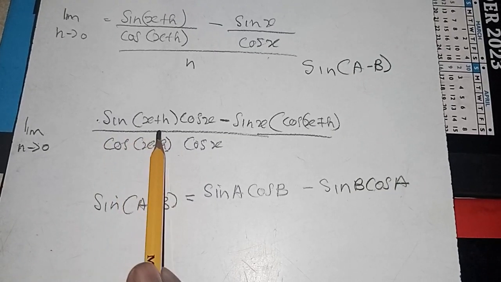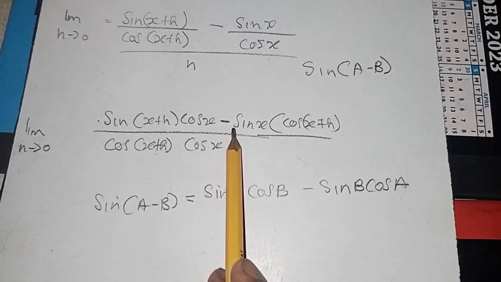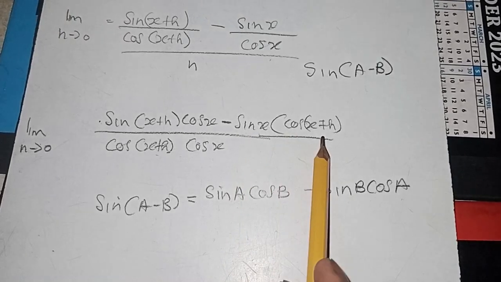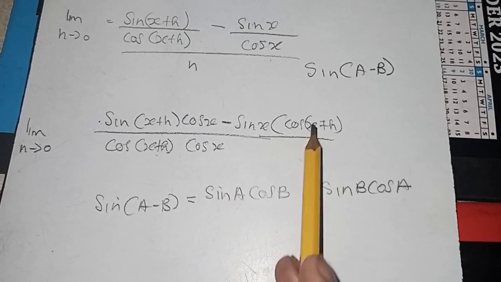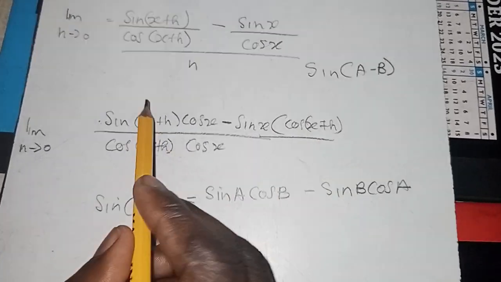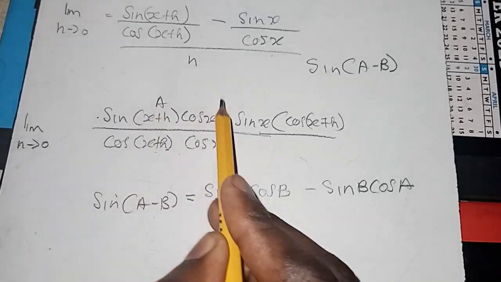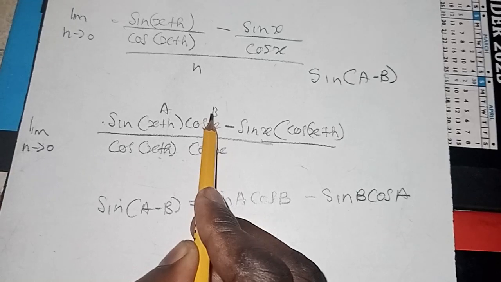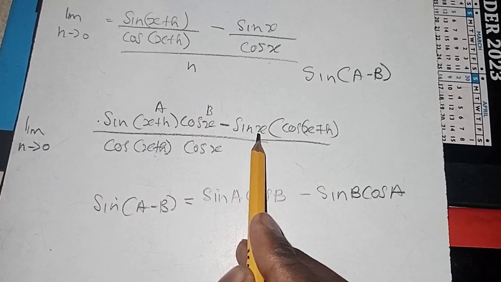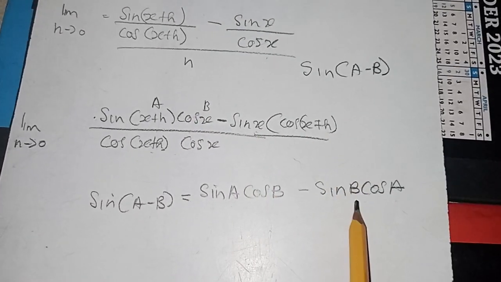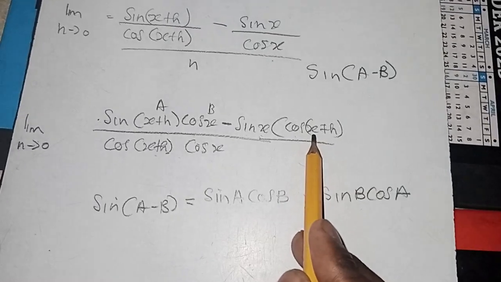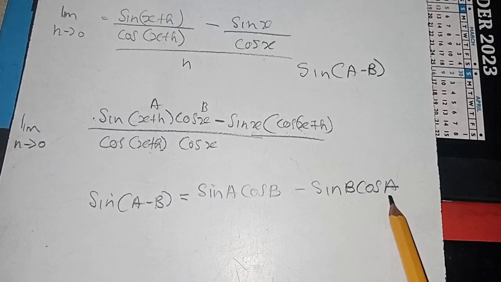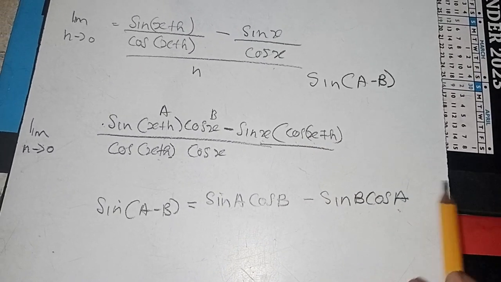We have sine(x plus h) cos x minus sine x cos(x plus h). In this case, this is our a, x is our b. To prove that x is our b, look at what is here: sine x is our b, and cos(x plus h) is our a.